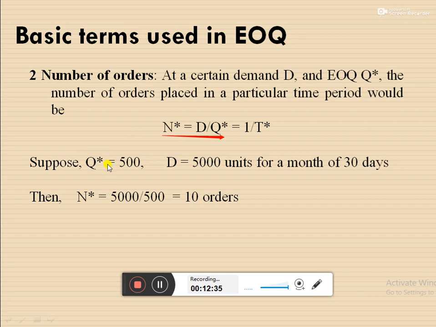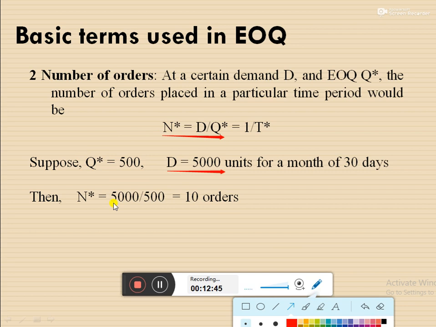Suppose economic order quantity is equal to 500 units and total demand in a month of 30 days is equal to 5000 units. In that case the number of orders would be equal to D upon Q, that is total demand upon the economic order quantity. So in this case the number of orders would be equal to 10.